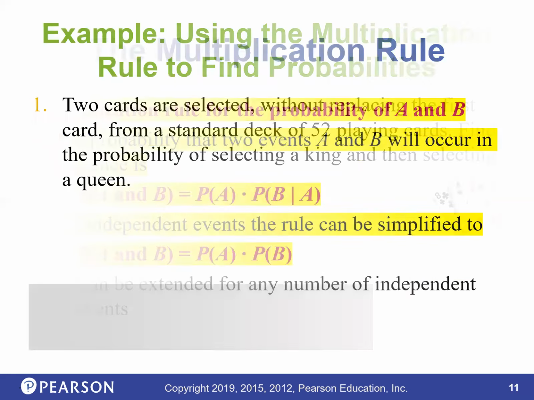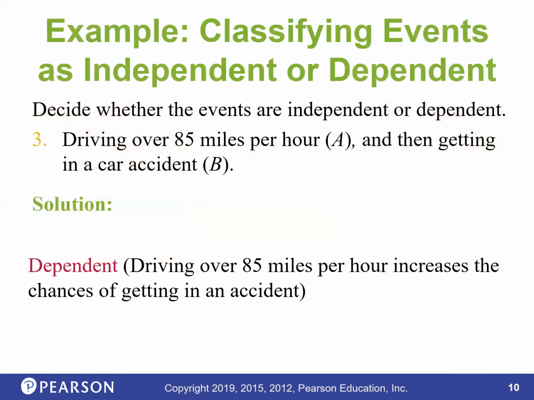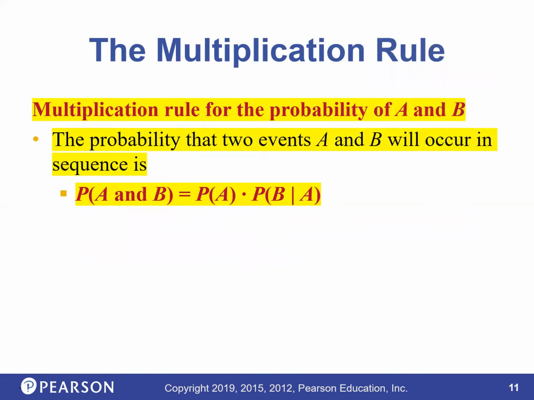It works all the time. This one applies whether it's a dependent event or an independent event. Here's an example: getting heads and rolling a 6.